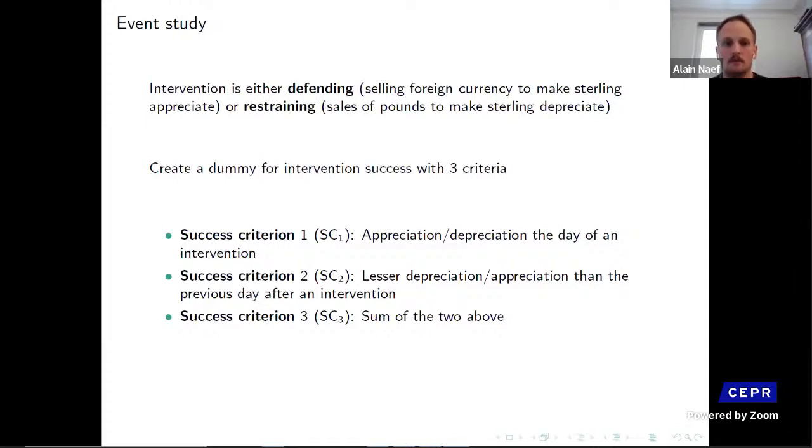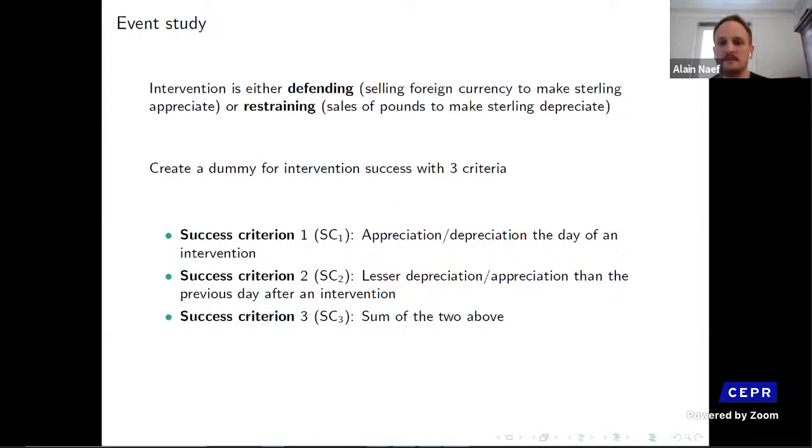To start with, we need to define two different ways a central bank can intervene. I'm calling defending interventions when the Bank of England, in our case, is selling foreign currency, trying to make the pound appreciate. And restraining intervention is when they're selling their own currency to try to make their currency depreciate. So these are the two cases we'll be looking at.